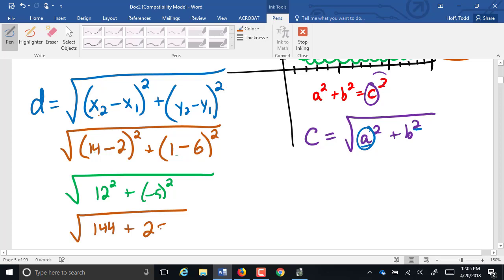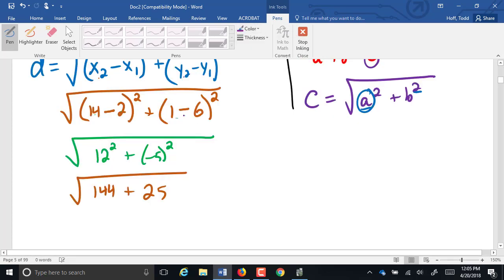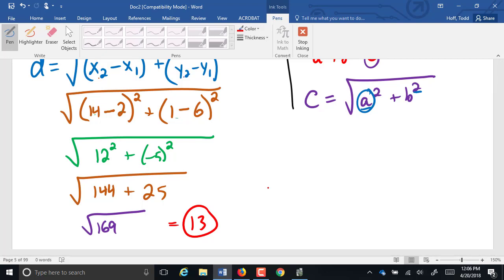Negative 5 squared is 25. Add those together, 144 and 25 make 169. The square root of 169 is 13. So the distance between those 2 points, or the length of that segment, is 13 units.